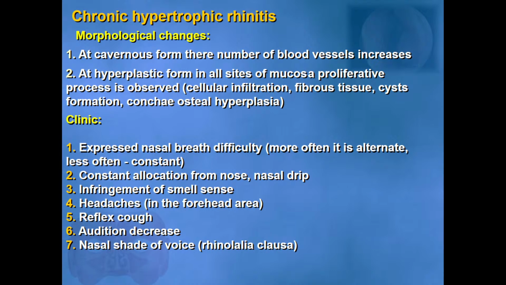The clinic may be the same, yeah: expressed nasal breathing difficulty, constant discharge from the nose, nasal drip, decreased smell, headache, reflex cough, sometimes hearing decrease, and a nasal shade of voice, so-called rhinolalia clausa.